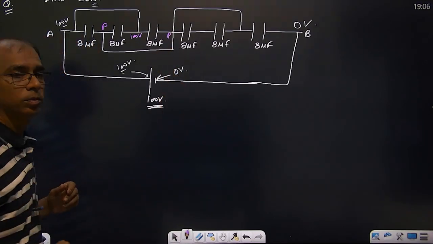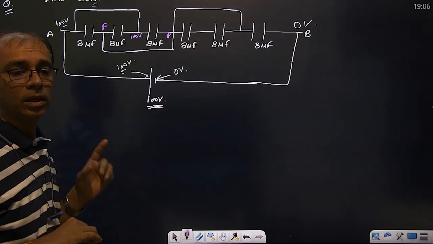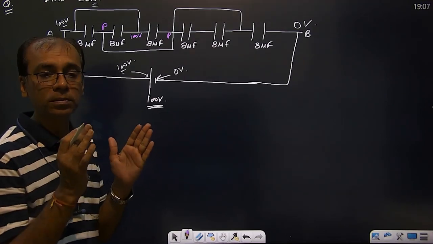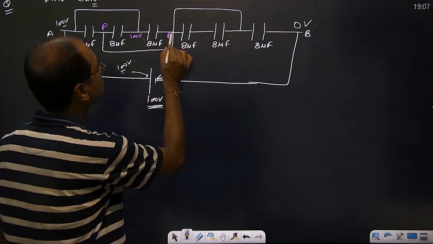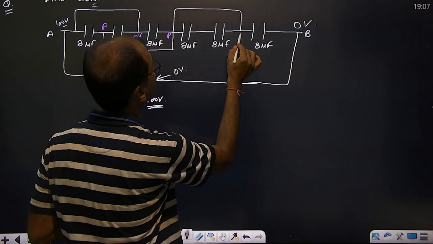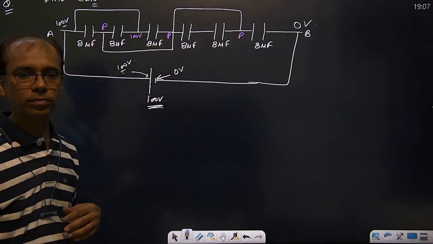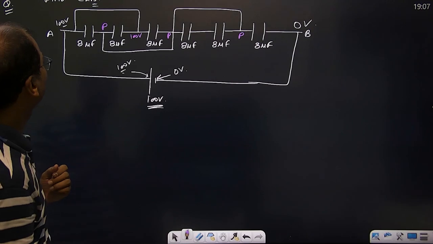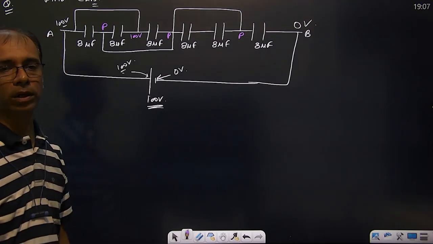Here also the potential will be P. If a connecting wire is there, it means the potential at the two ends will become the same. Remember always. So here also P now, this is also a connecting wire, that means here also the potential will be P. Done. Right. Can we solve it right now? No, we have to redraw it now.